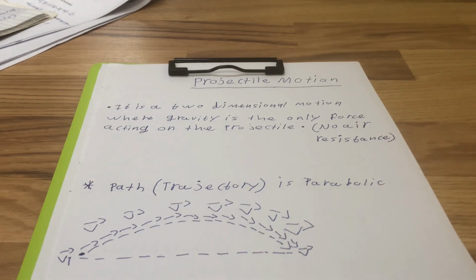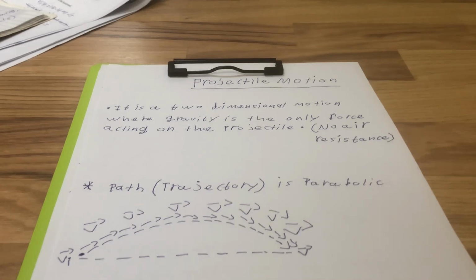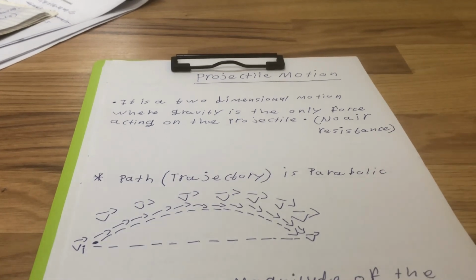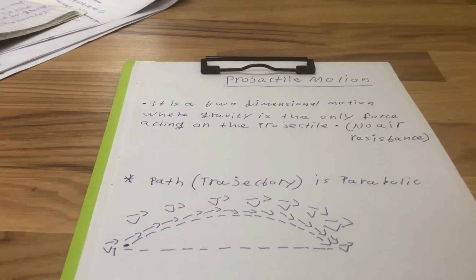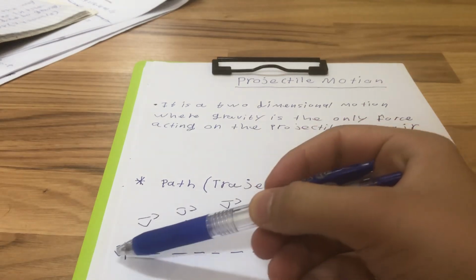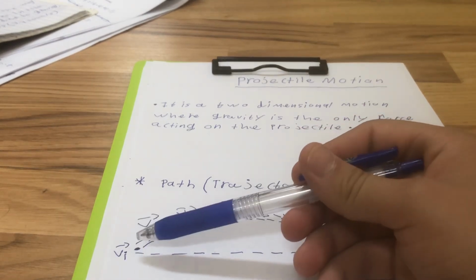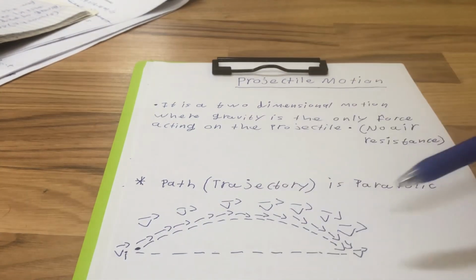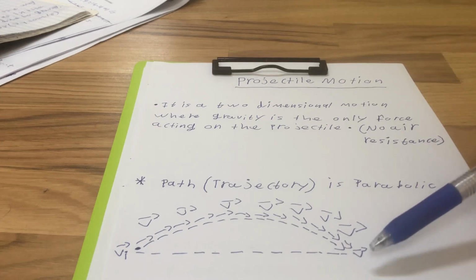The path of the projectile is called trajectory, and the path is a parabolic path. See here, there is a projectile motion starting from V initial velocity and ending in the V final.